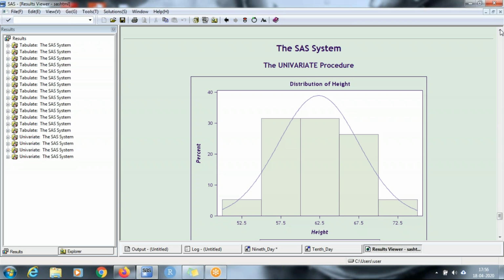Hypothesis is something that we assume, it's your assumption. So I am saying this is your assumption that this is a normal distribution. How will you confirm whether it's a normal distribution or not? With the help of hypothesis testing.